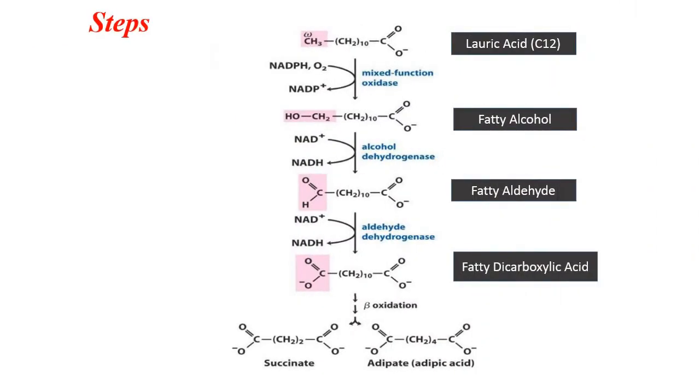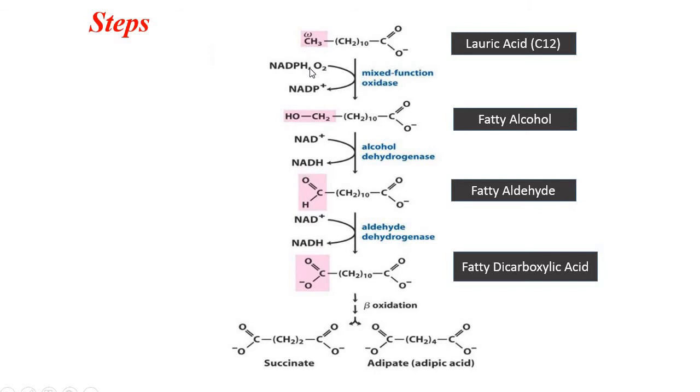Now coming to the steps. This is the fatty acid having omega carbon. This is the structure of lauric acid, which consists of 12 carbon atoms. The first step introduces a hydroxyl group into the omega position.